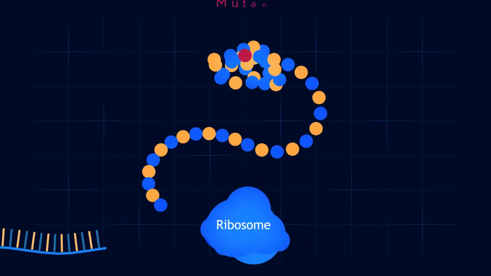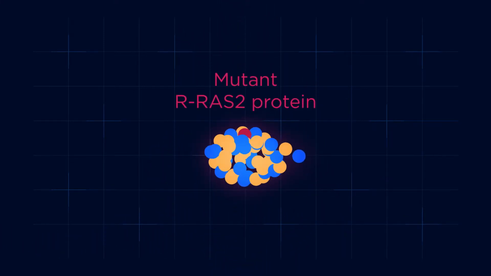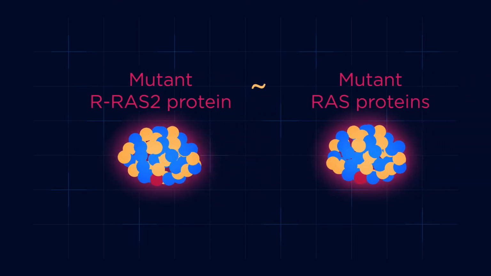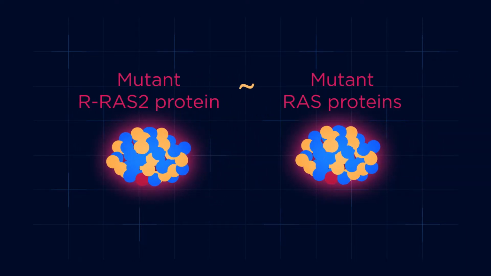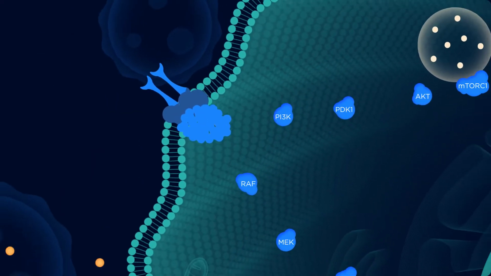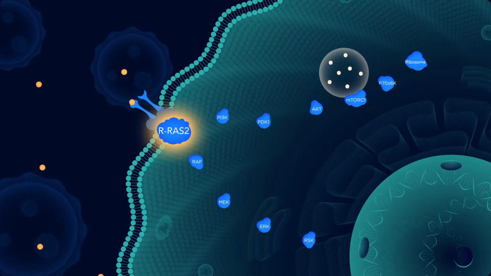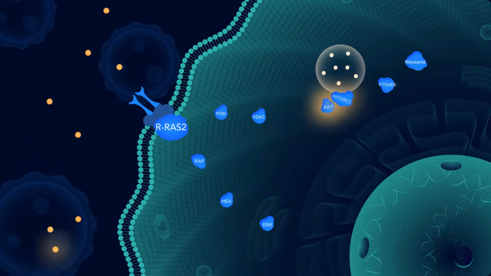This gene, denominated R-RAS2, is very structurally similar to RAS proteins, which is particularly interesting because these molecules are frequently altered in many human tumors. Normally, these proteins shift from an inactive to an active state.